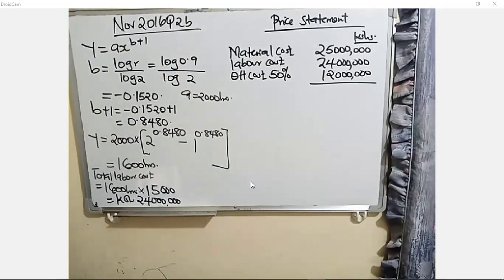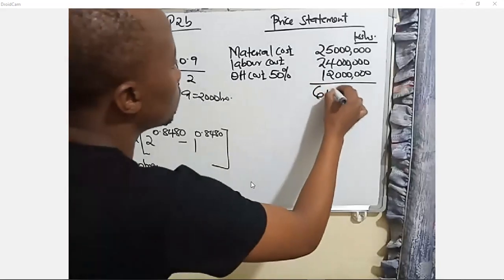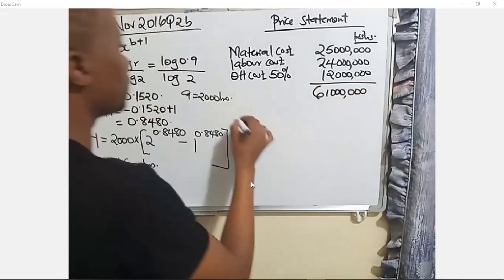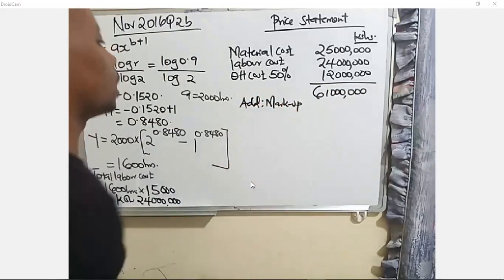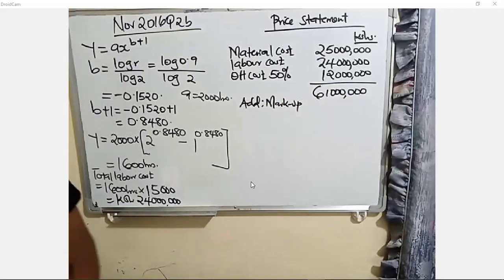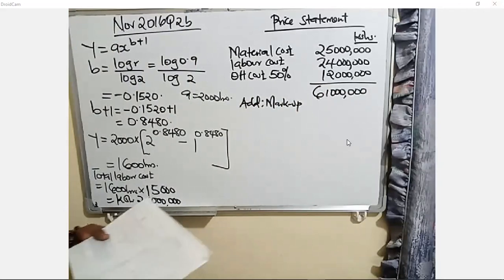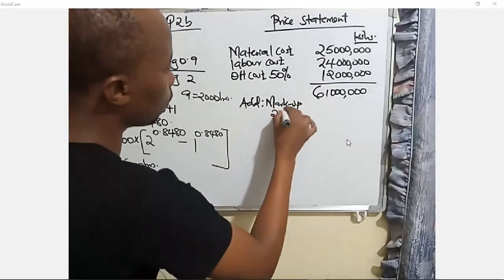What is our total cost? 61 million. Yes, 61 million. Add your markup. The markup we are being given is 25% of the total cost.